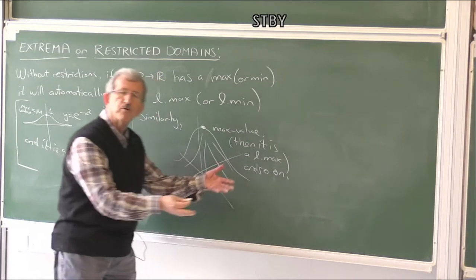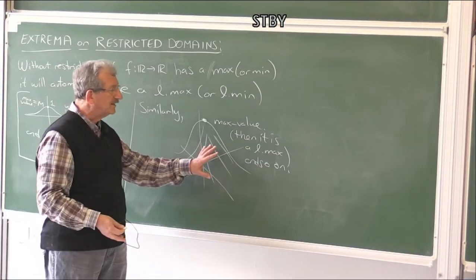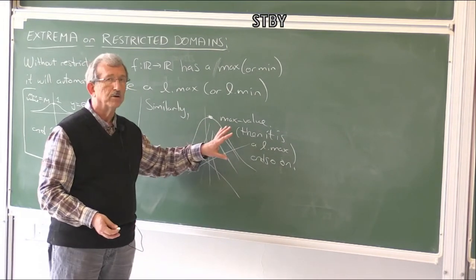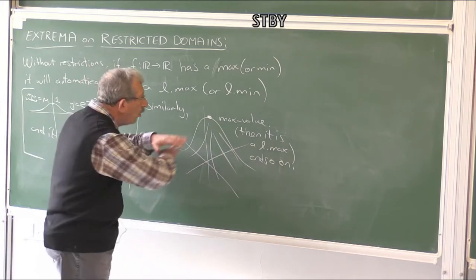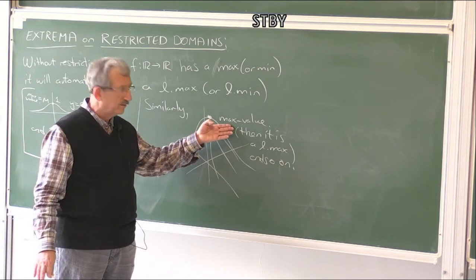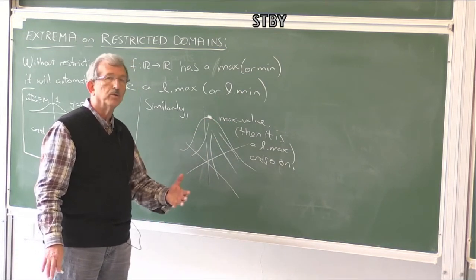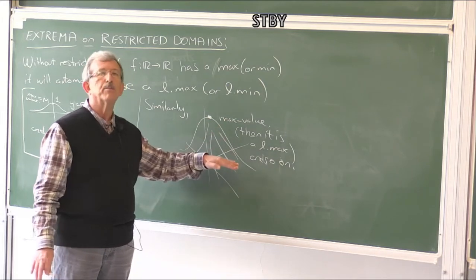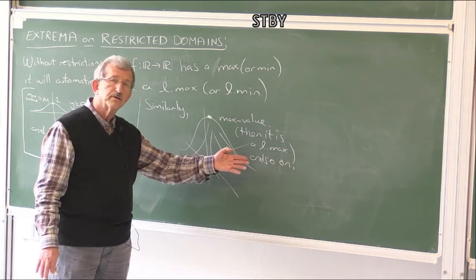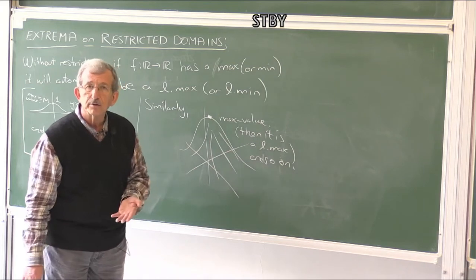Namely, it's the same for a minimum as well. But this does not yet say that there will be a maximum value. If you consider the whole plane, a maximum value may not exist or a minimum value may not exist. But if they do, then they will be local maxima or minima. Which means that if this is the case, we can find them, because they will be critical points.